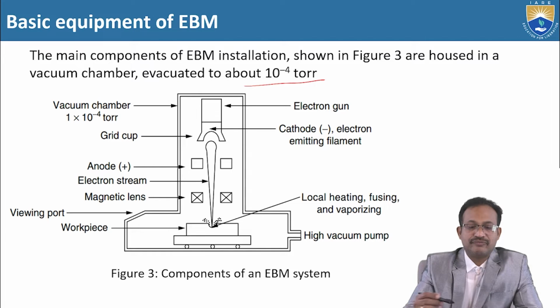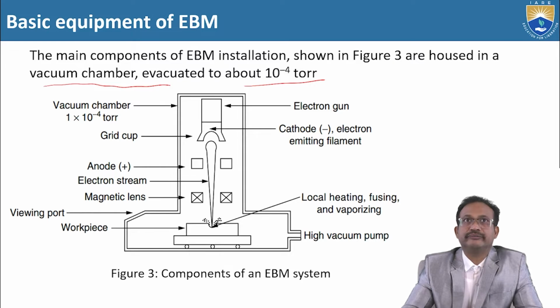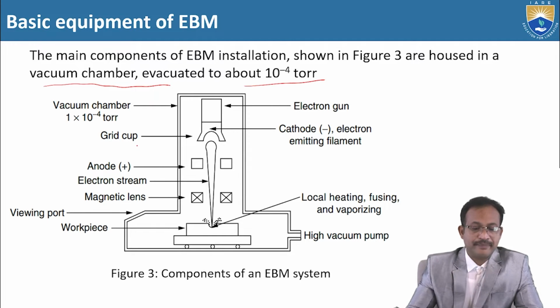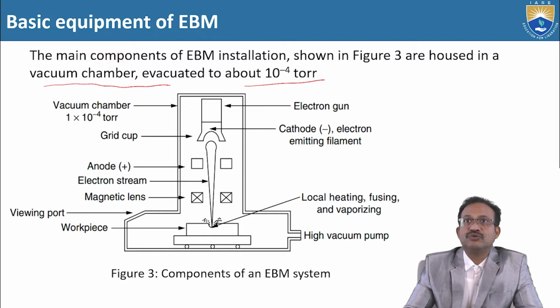The main components of EBM come with a vacuum chamber at 1 into 10 power minus 4 torr. The electron gun consists of other elements: cathode, electron emitting filament, grid cup, anode positive, electron stream, magnetic lens, causing local heating, fusing and vaporizing on the surface of the workpiece material. That is the main requirement and purpose of this electron beam machine.